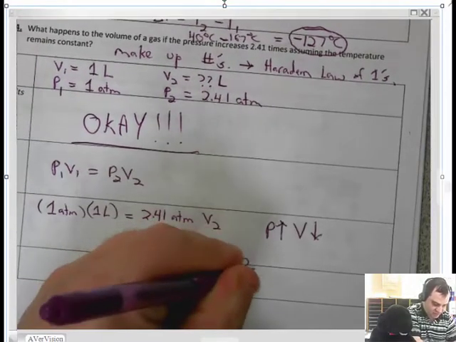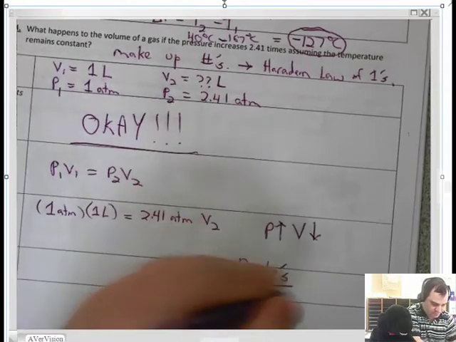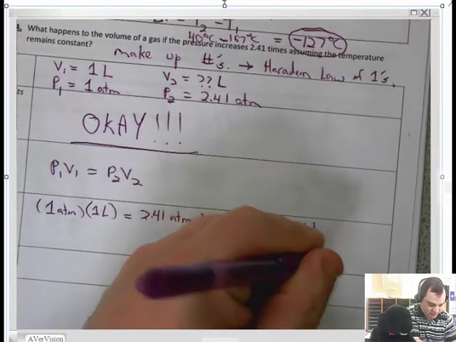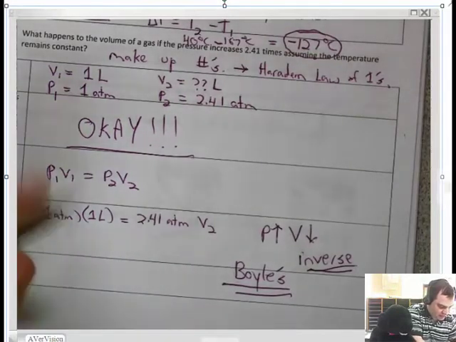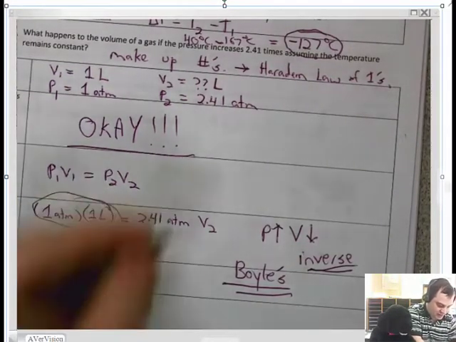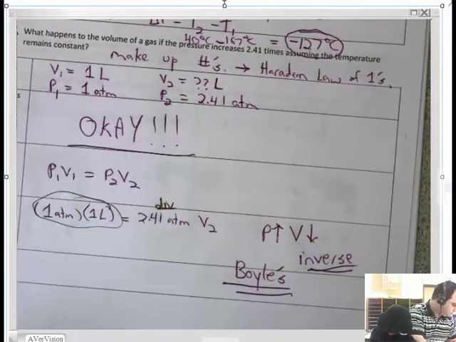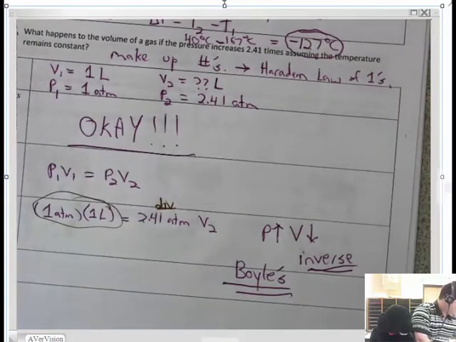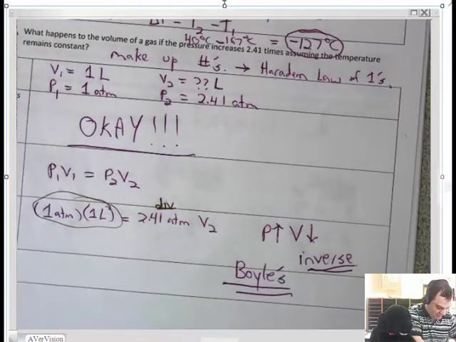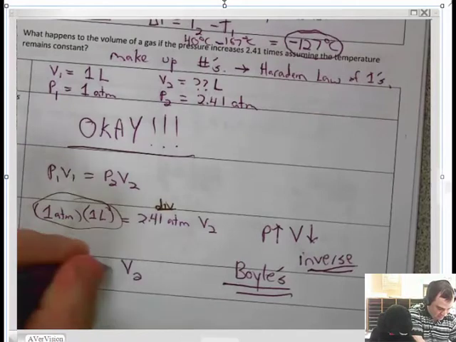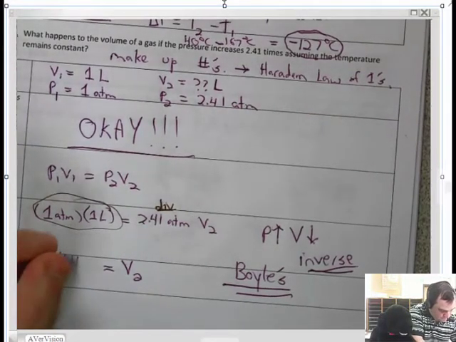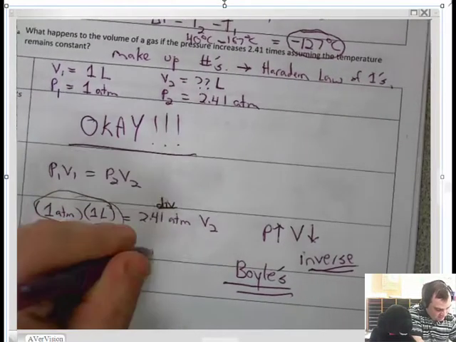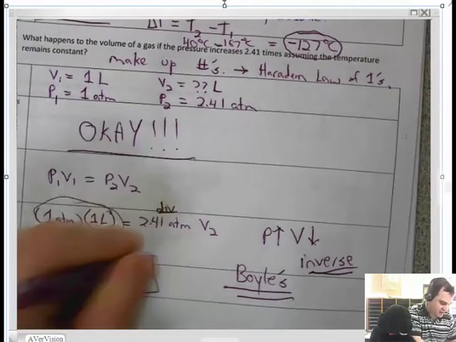Because this is Boyle's law, because he's the only one that came up with an inverse law. So we end up multiplying these two numbers, and then we divide by that number. And I get a pressure of, not pressure, volume. Hello, Mr. Harridan, pay attention. V2 is equal to 0.414 liters. So the volume does decrease.